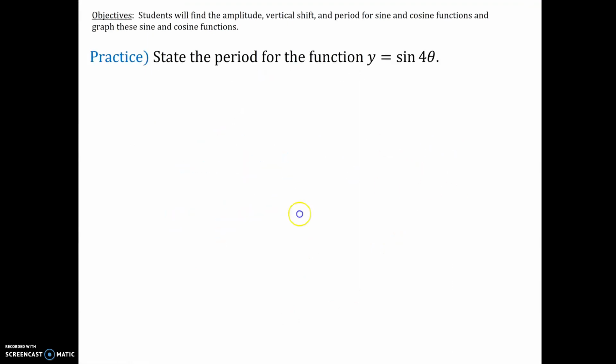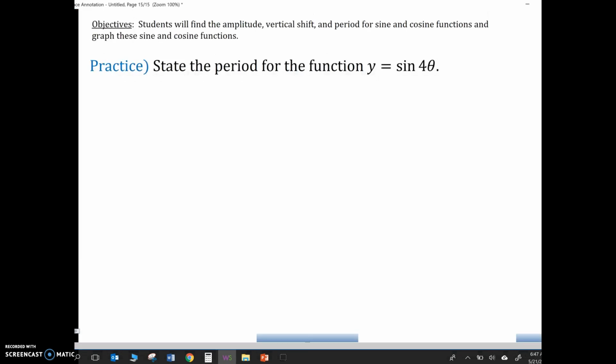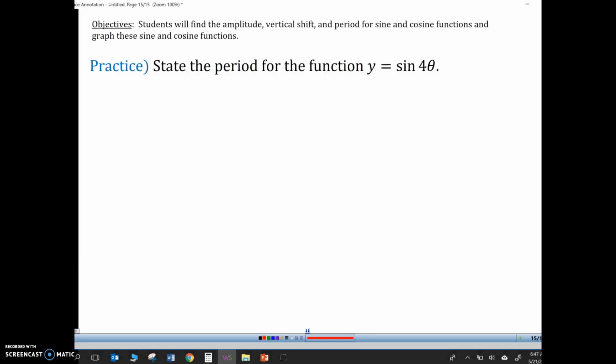Okay, so here are some practice problems for you. I'll do this one with you since we haven't done one of these. Here it says y is equal to sine of 4 theta. So what we have here is a b value that's 4. So to calculate the period, you take 2 pi, you divide by b, which in this case is 4, and we get 2 pi over 4.